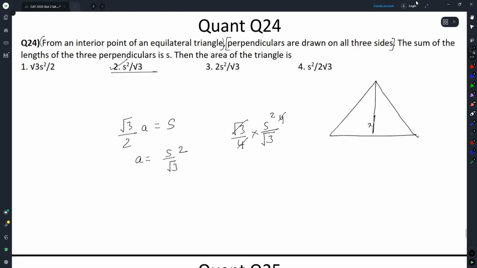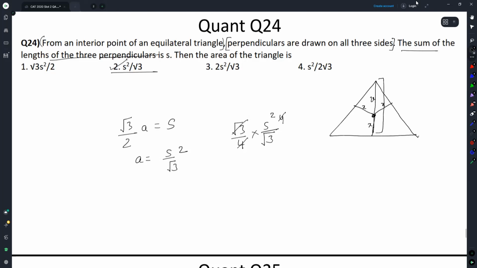If this is x, this is 2x. If this is my center point, if this is x, this is 2x. These would also be x. The sum of the length of the three perpendiculars is x plus x plus x, which adds up to 3x, and this perpendicular also adds up to 3x.